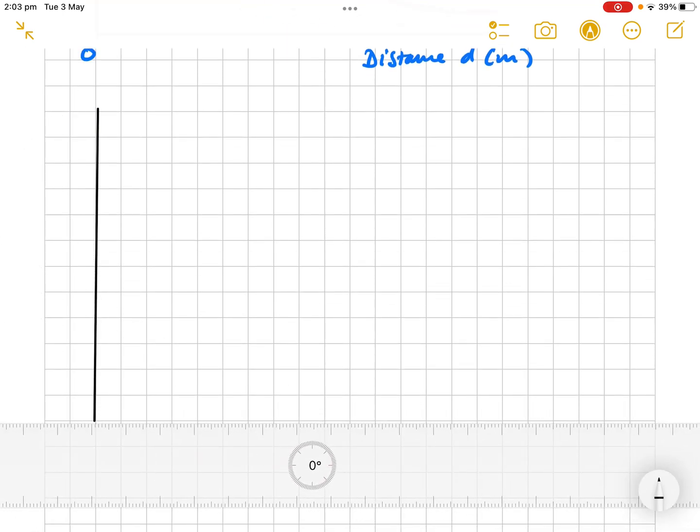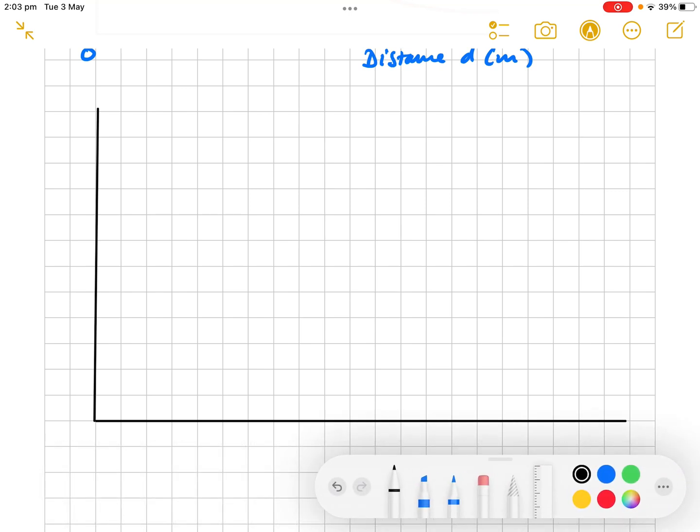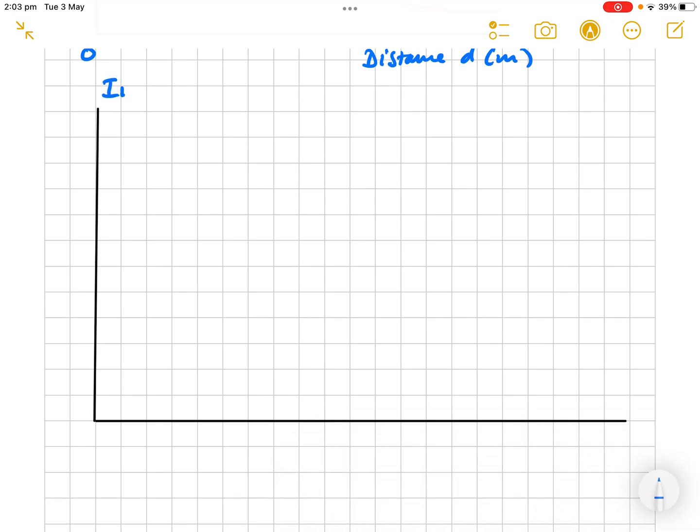So what we do is we replot the same data. We still have irradiance on the y-axis in watts per square meter.